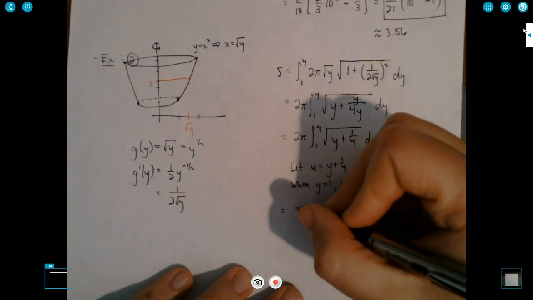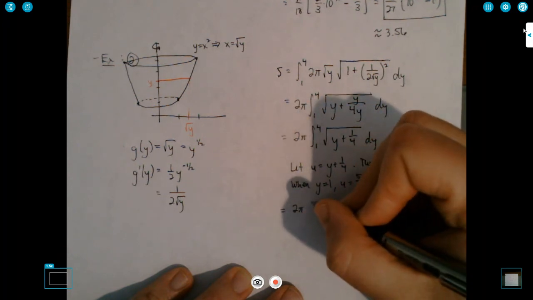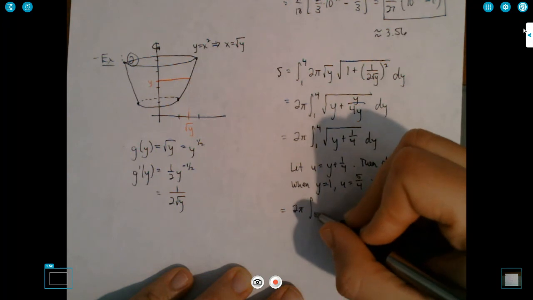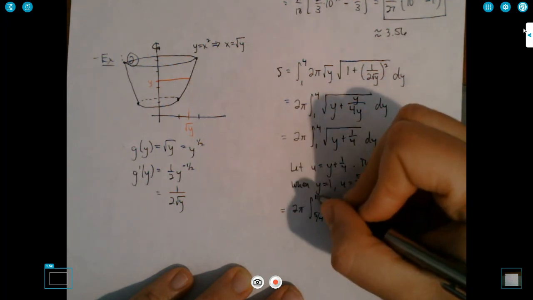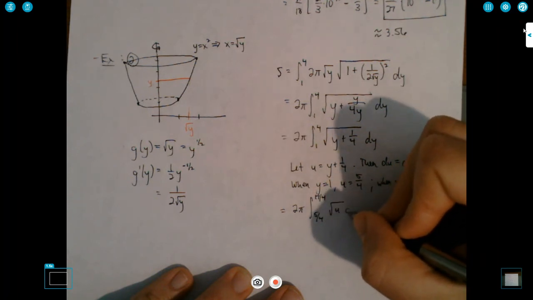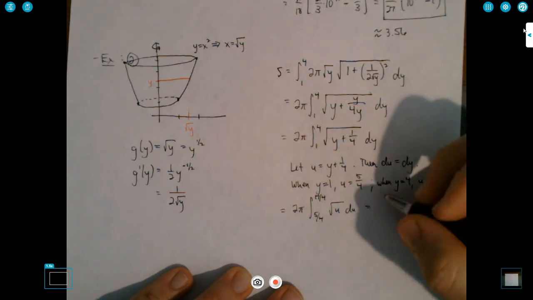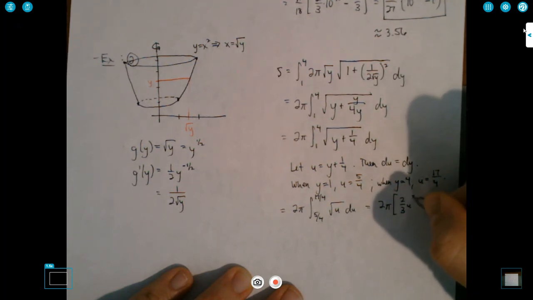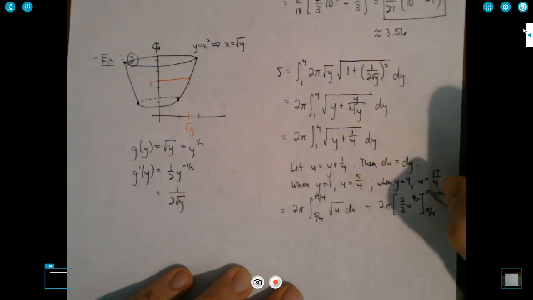And so we get 2 pi times the integral from 5/4 to 17/4 of square root of u du. So that's 2 pi times 2/3 u to the 3/2 from 5/4 to 17/4.